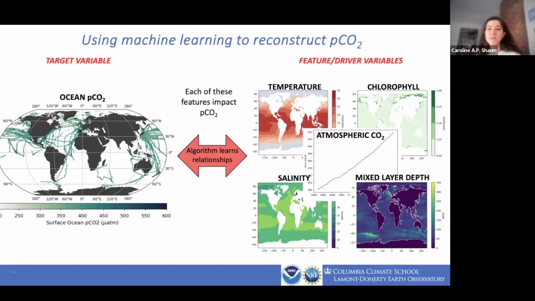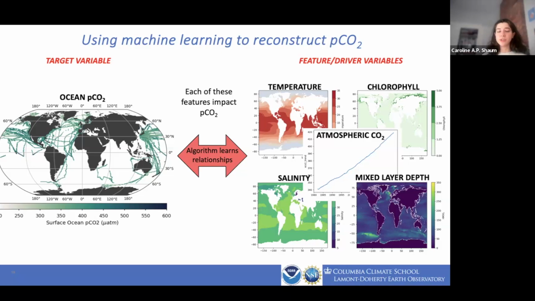And these are measurements that we can take in the ocean and also output of a lot of models that we know have known relationships to ocean pCO2. It's temperature, chlorophyll, salinity, mixed layer depth, and the atmospheric concentration of CO2.